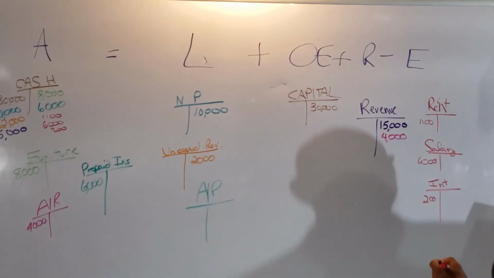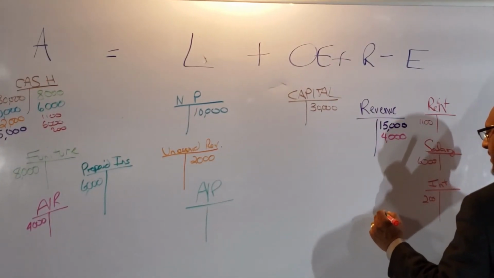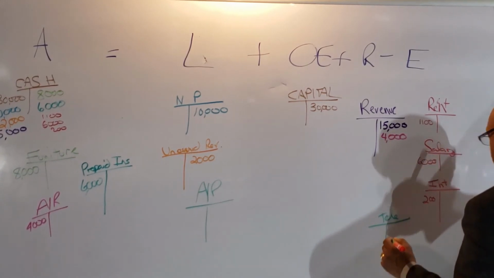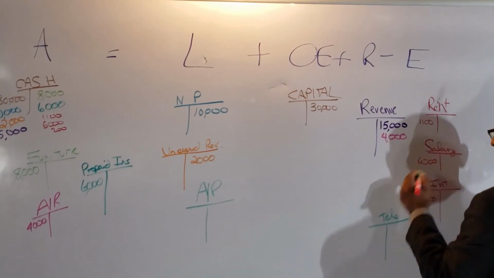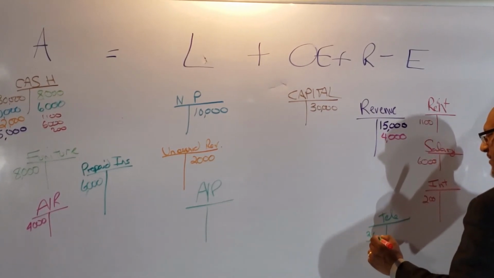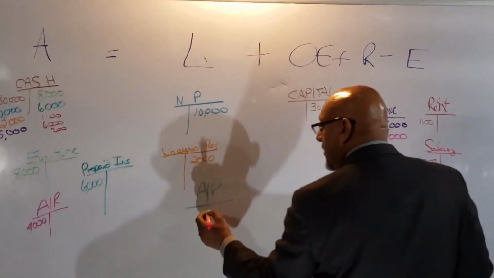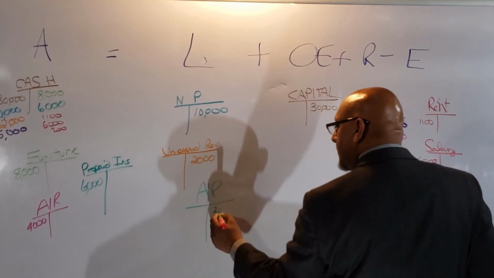And we're going to create a telephone bill account over here. I'm going to put it as TELE for telephone. And that's for $300. So we debit $300 to the expense because we're increasing expense, and we're increasing accounts payable, and an increase to a liability is a credit.